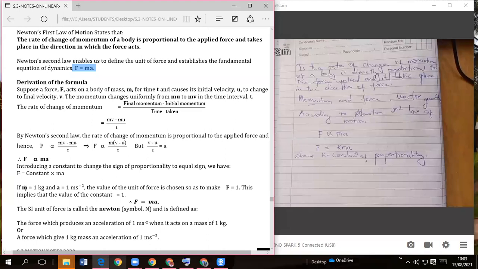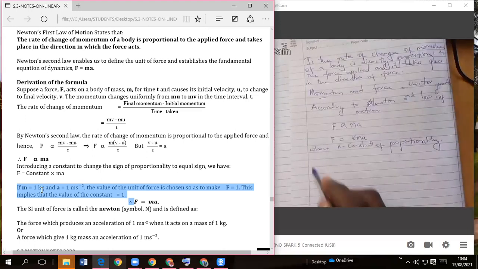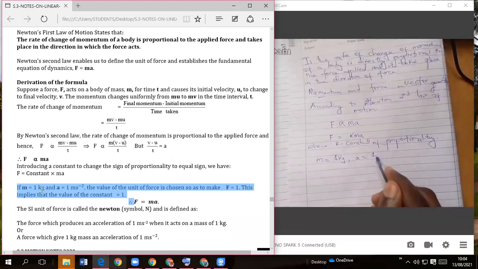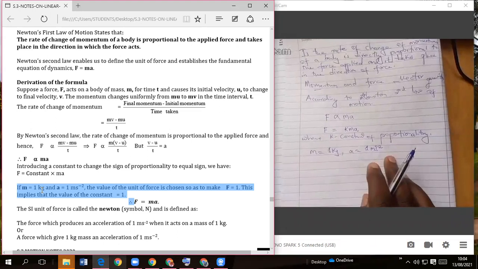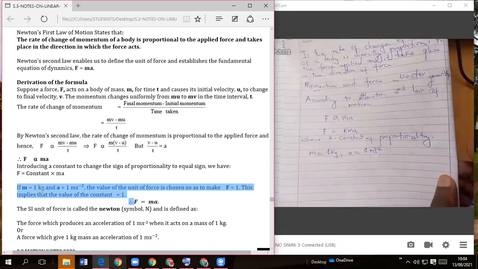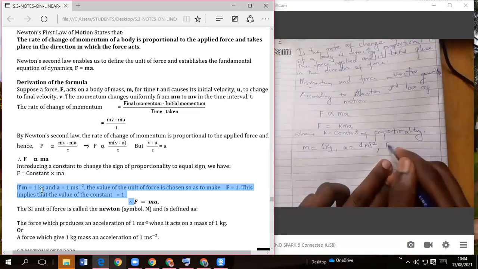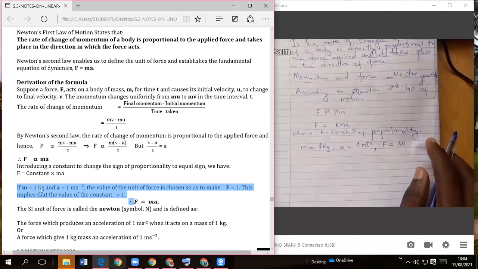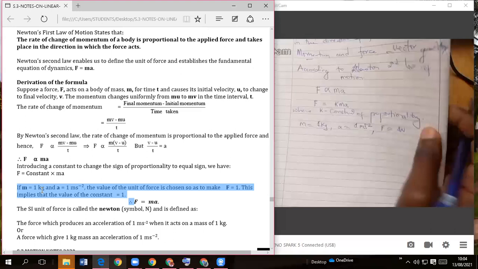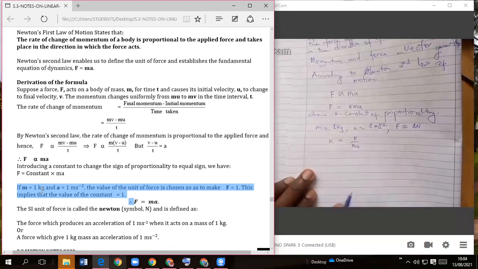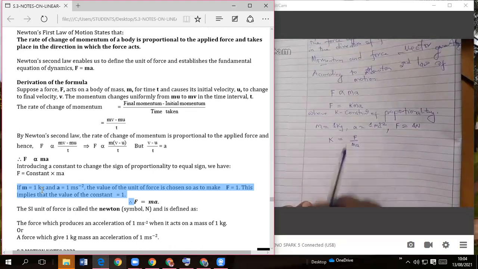We said if the mass of the body is equal to 1 kilogram, and the body is moving at the rate of 1 meter per second squared, and a force of 1 Newton is applied on the body, then our K, which is equal to F over ma, will be equal to F over ma.